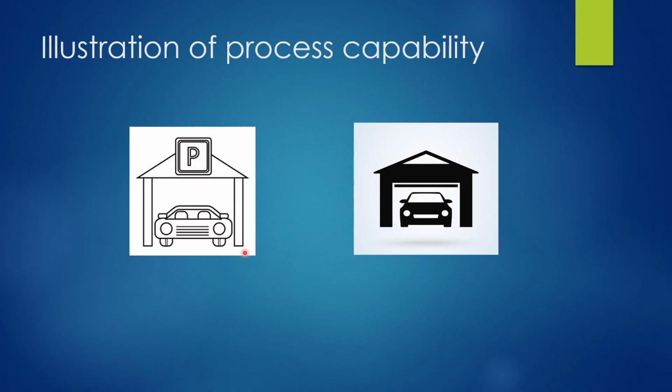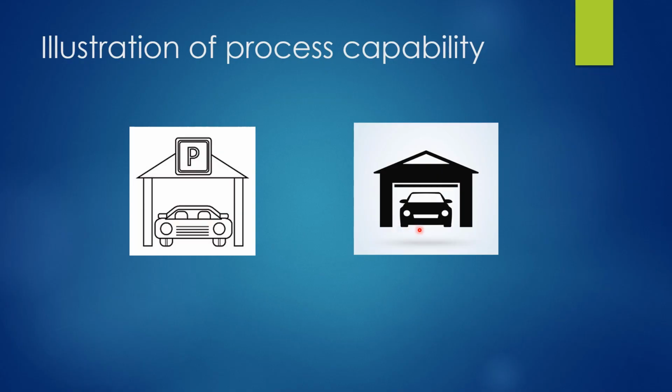So if a person is learning car driving and the space is more, and the car is positioned in the center, there would not be any damage to the car on either side.